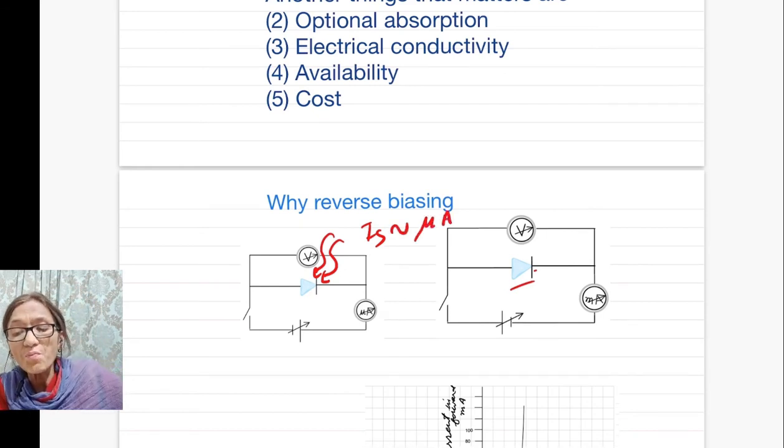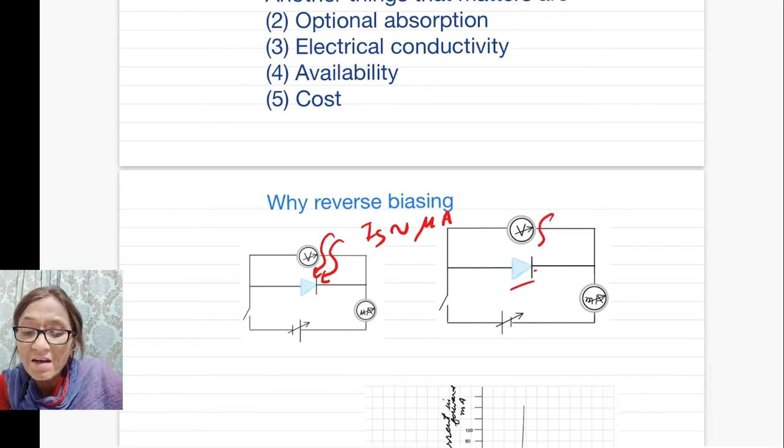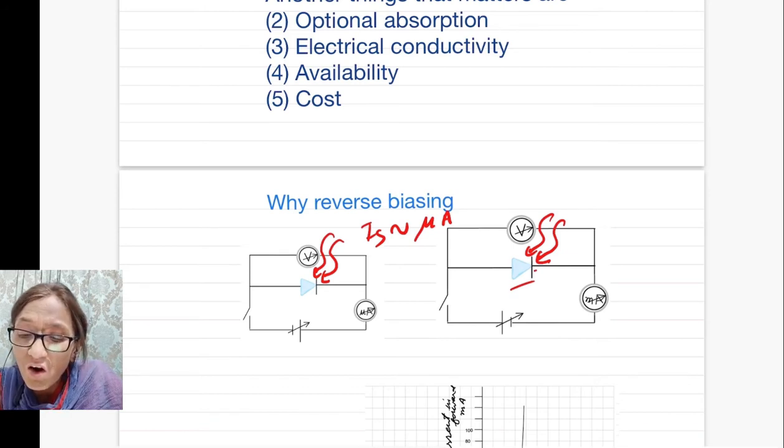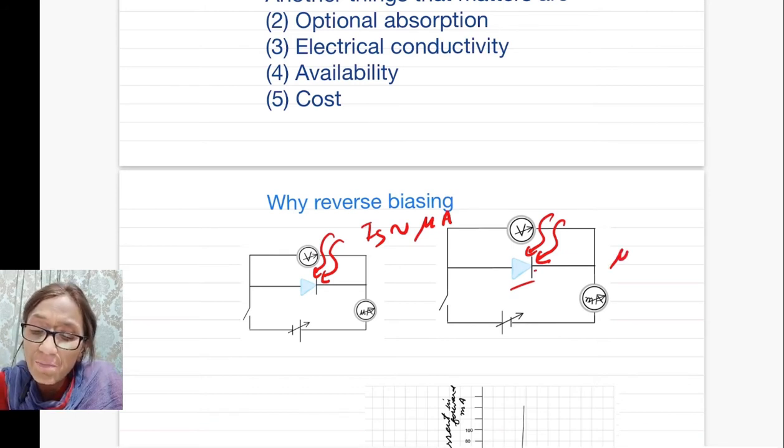So when you measure the current while putting the photodiode in forward bias, then also photocurrent will be created, no doubt. Photocurrent will be there, but it will be of the order of microampere.